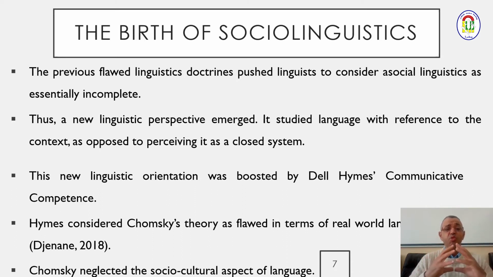By this, we mean that before the birth of social linguistics, the linguistic theories, schools, methods and approaches focused on the description of language without giving any importance to the social environment where language operates.